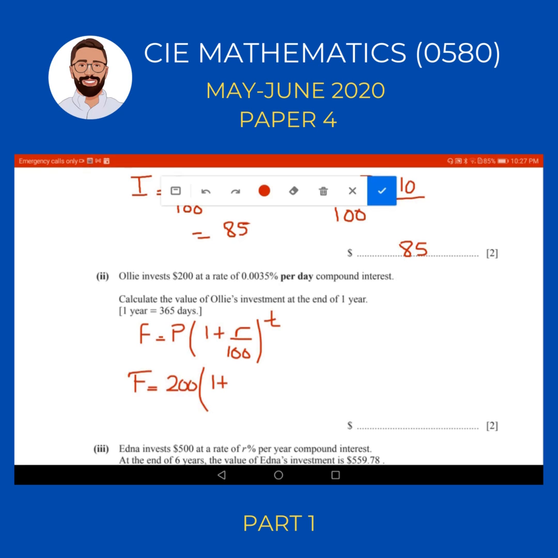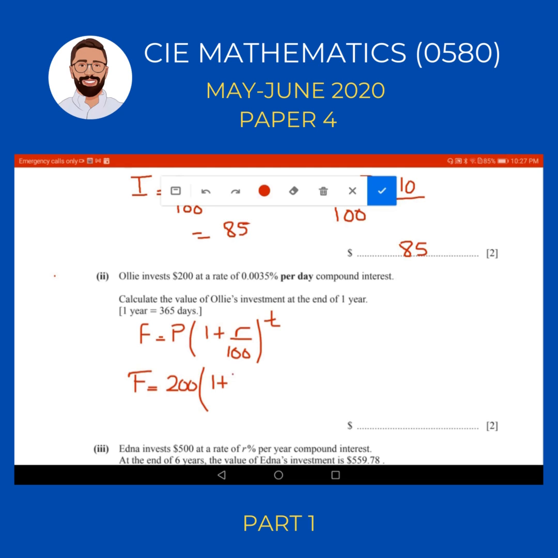R is 0.0035% per day. Now I need to convert, so the rate should always be per year. I know that 1 year is 365 days, so I need to multiply 0.0035 times 365 to convert the rate from per day to per year.